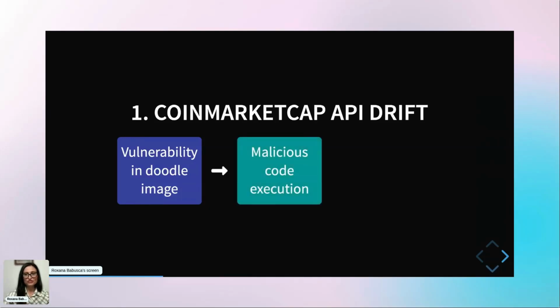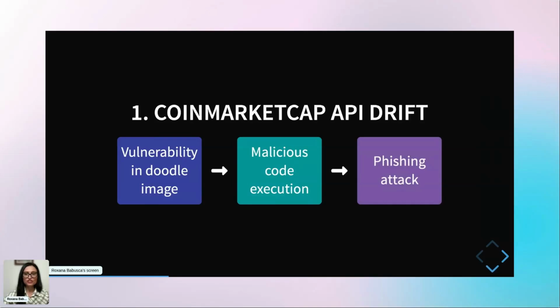When users visited the homepage, the malicious script executed, triggering a pop-up that mimicked a legitimate wallet verification request. The pop-up urged visitors to verify their wallet, which was a tactic used to gain access to users' crypto holdings. Luckily, though, no funds were stolen, and the security team at CoinMarketCap responded promptly.